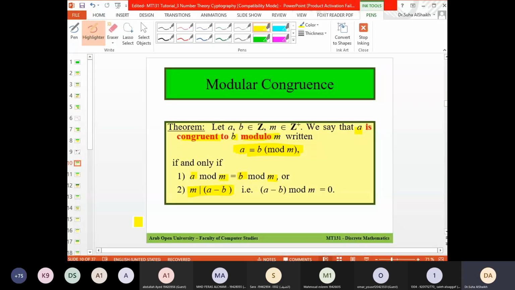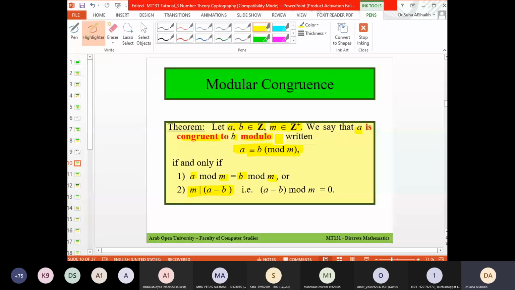Two things to say in an A is congruent to B mod M: if A mod M is the same as B mod M, or if M divides A minus B. Notice that A is in Z, meaning an integer, and M must be in Z plus, meaning a positive integer. Of course we need an example to understand this.